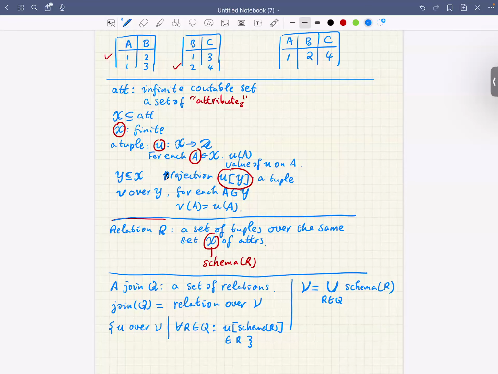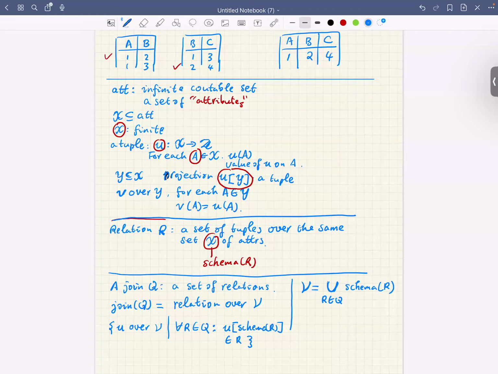So what is this condition? This condition says, well, you propose, let's say, 1, 2, 4. Then I will have to look at the projection of this tuple onto every single relation. I will check if the projection is in every relation. For example, you propose 1, 2, 4, and I look at the projection on A, B, so that's 1, 2.